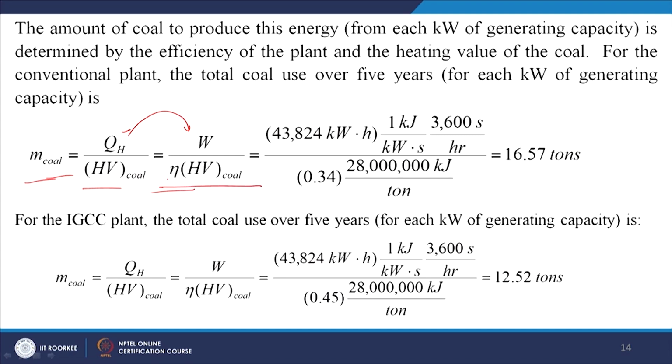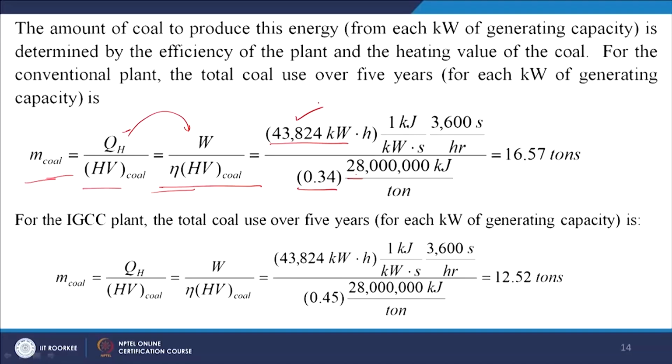Efficiency for the conventional method is 0.34 and HV is given as 2 crore 80 lakhs kilojoule per ton, and W is also given, this much electricity the plant can produce at full load. So, to produce this amount of electricity we need 16.57 tons of coal.